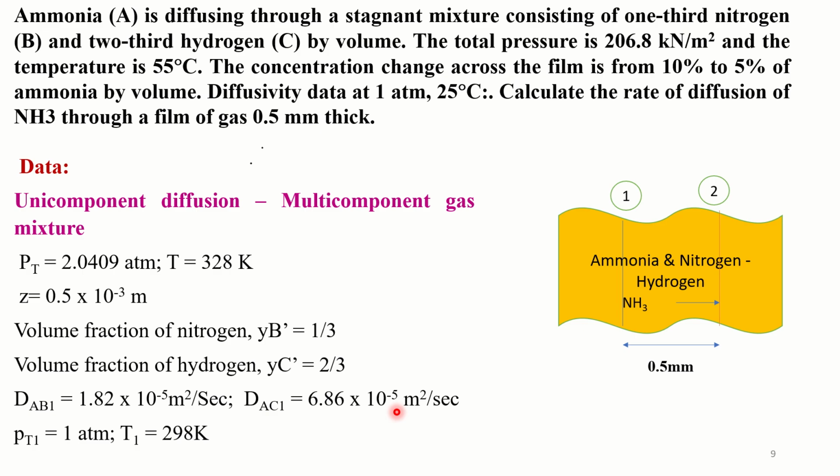So using this relation, you can calculate diffusivity at the required temperature and pressure. So here I have given the calculated values of DAB and DAC corresponding to this 55 degrees Celsius temperature and this pressure. Let us move on to the solution.